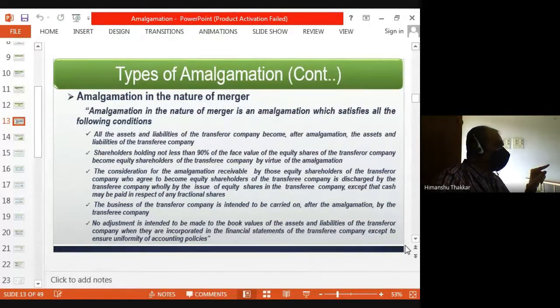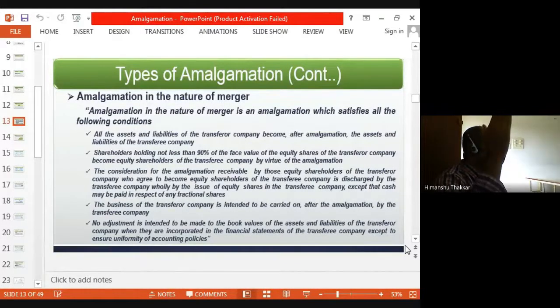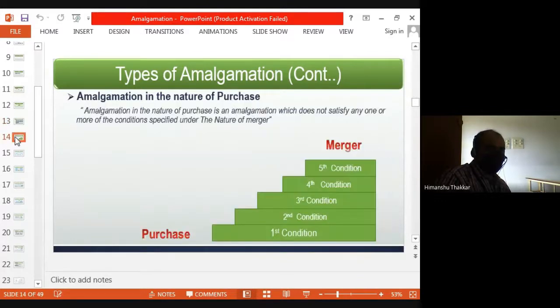But if you break any one or more conditions, your amalgamation will become in the nature of purchase. Getting it? If you follow all 5 conditions, it is a merger. If you break one or more conditions, it is a purchase.